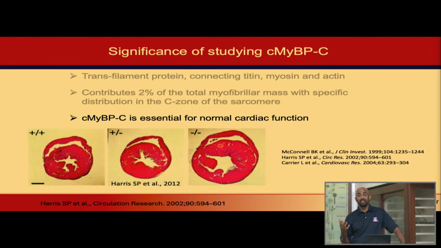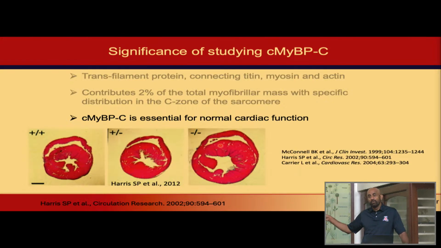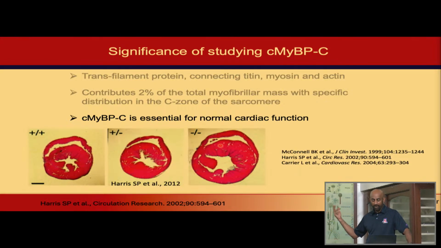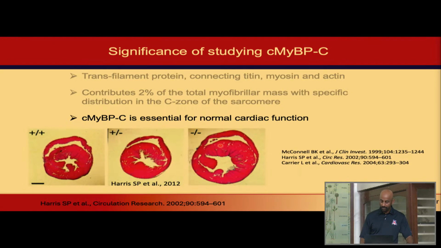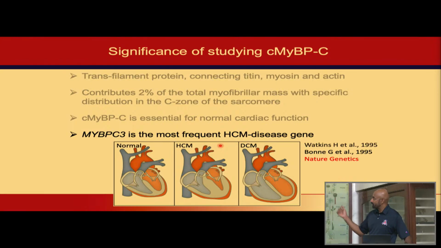It is embryonically lethal. What happens if you knock out troponin I? Embryonically lethal. But when you remove myosin binding protein C, you still form a functioning heart, but they develop a severe phenotype, a failing heart down the road. Also, myosin binding protein C has more genetic mutations than any other gene right now.